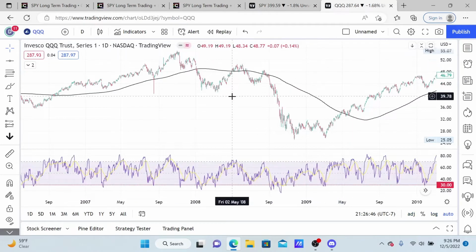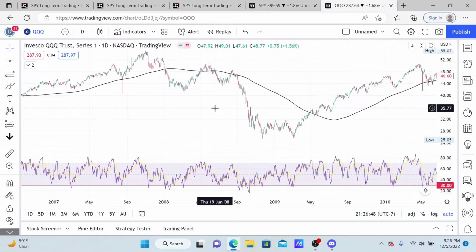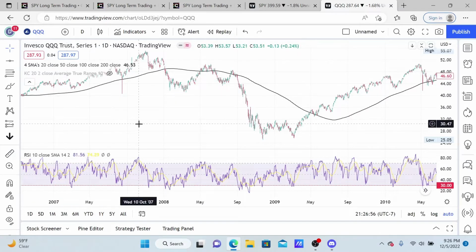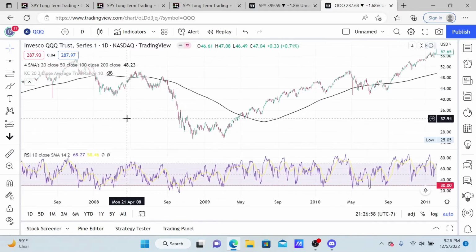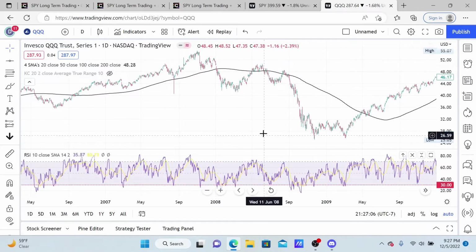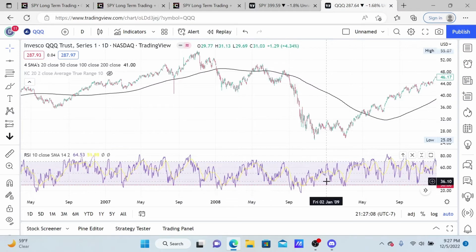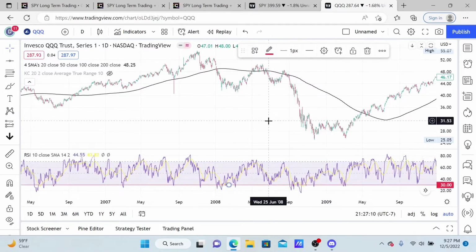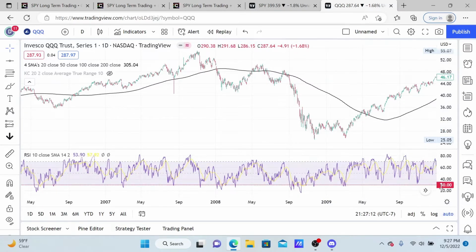So the way that I do that is I look at the 10-day RSI on QQQ. You can use the 14-day RSI. It works as well, but I prefer the 10-day. So when looking at the 10-day, really all I do is drop a line at the 30 mark. 30 is considered oversold.